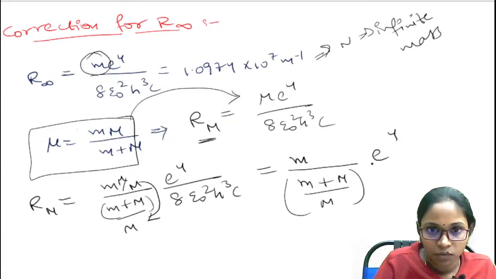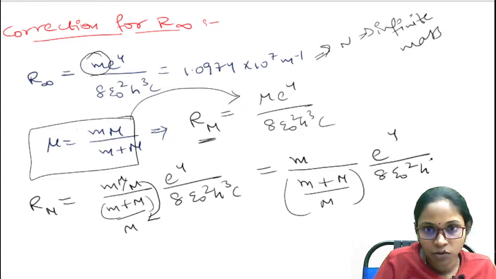Therefore e power 4 by 8 epsilon naught square h cube c.